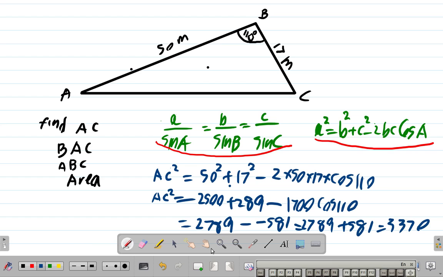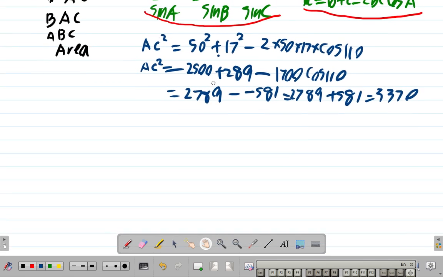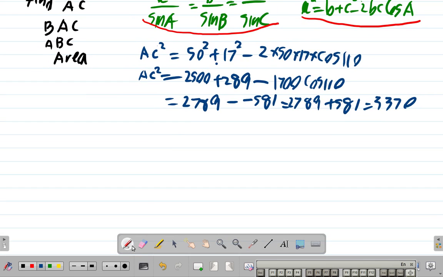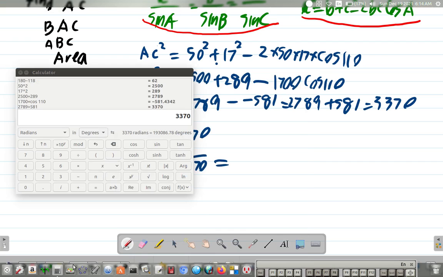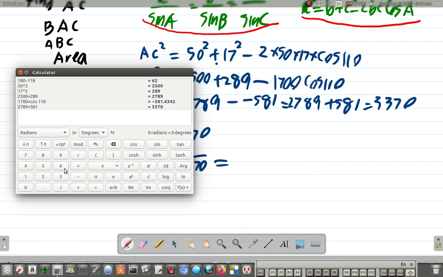So what we do to find AC now, since AC squared is 3370, then AC is going to be the square root of 3370. The square root of 3370 equals 58.